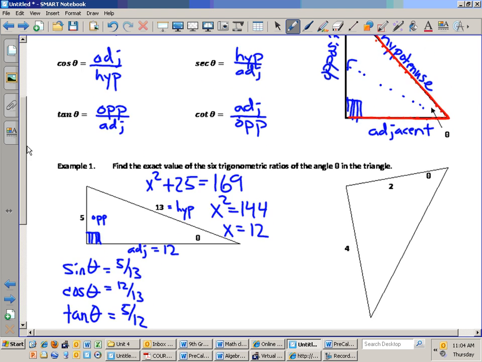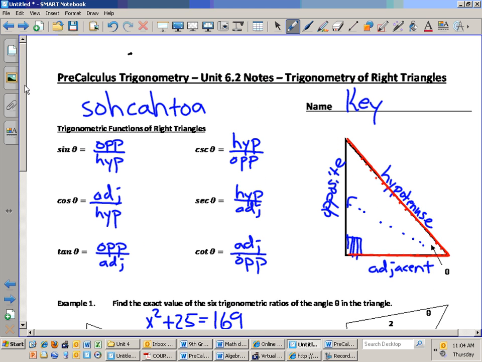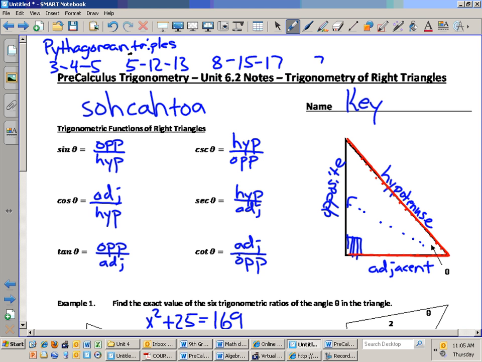I knew right away that it was 12, and these could be helpful to you if you remember some of the Pythagorean triples as they're referred to. 3, 4, 5 work. 5, 12, 13 work. 8, 15, and 17 work. 7, 24, and 25 work. 9, 40, and 41 work.